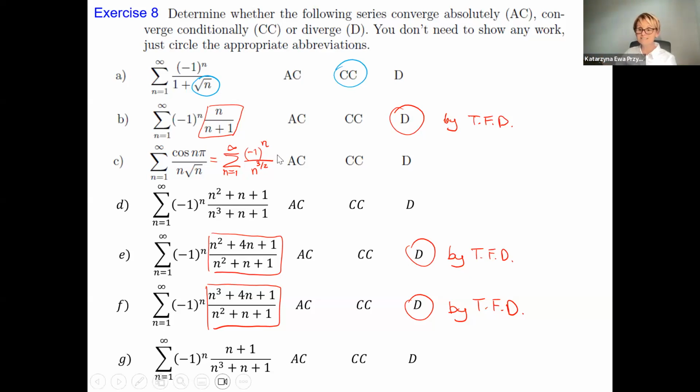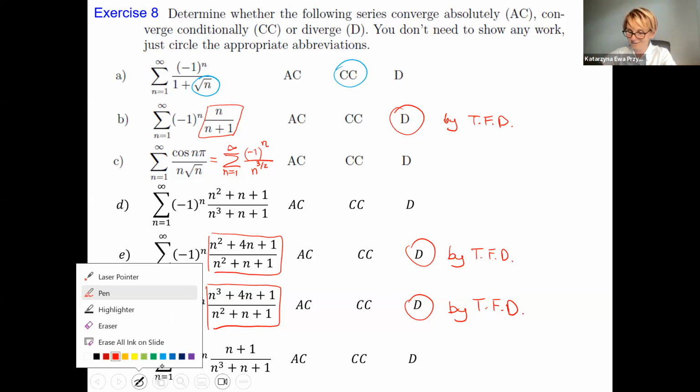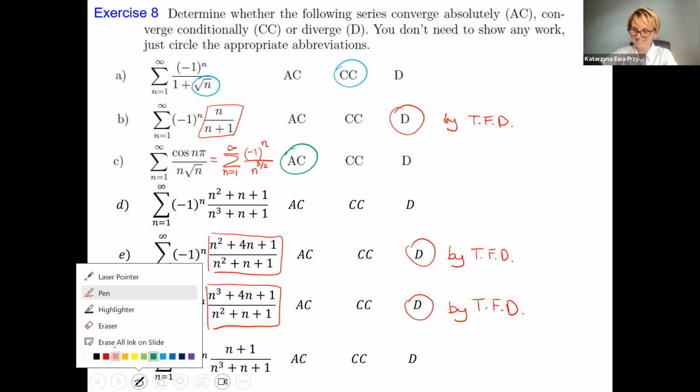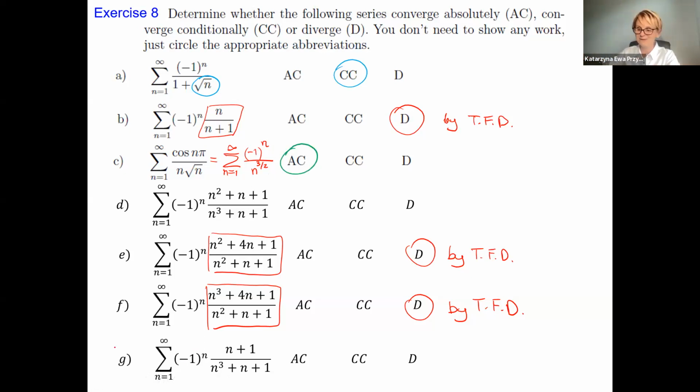That means this formula is definitely convergent by AST. You can check. And if we take absolute value, negative 1 to the n is gone, and we will have 1 over n to the power of 3 halves. P-series test, convergent. What color can I use? Let's say green. Absolutely convergent, because AST and even removing alternation it is.